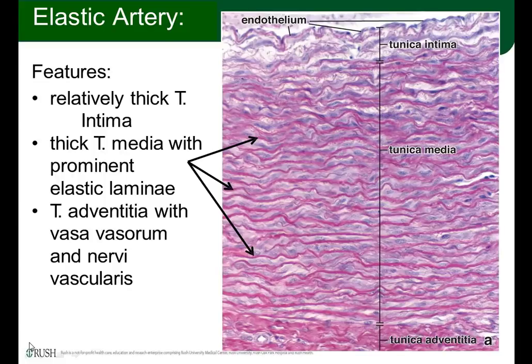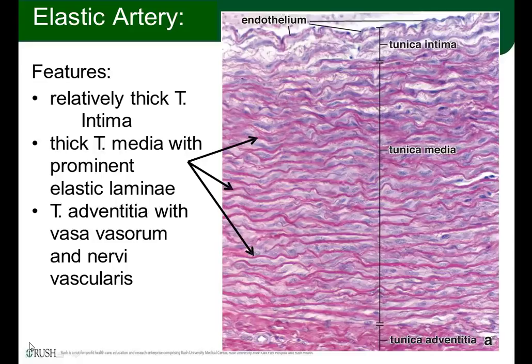So here's an H&E looking at the aorta, and here the elastic lamina appear as the pink wavy lines. So this is not an elastic stain, but what's really nice here is I think you can see how relatively thick the tunica intima is here.